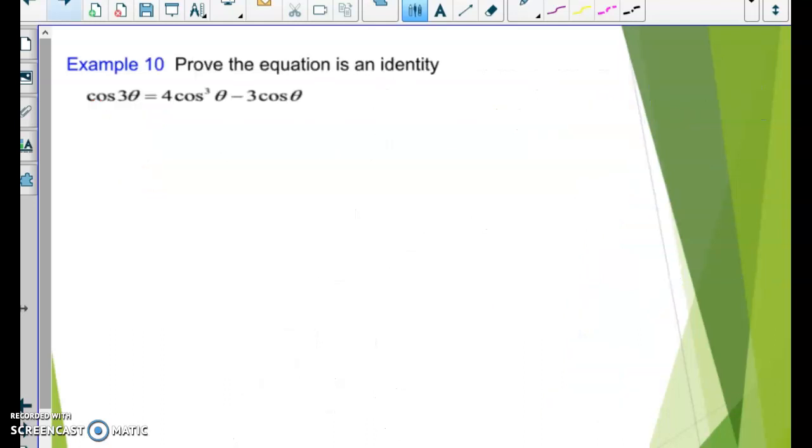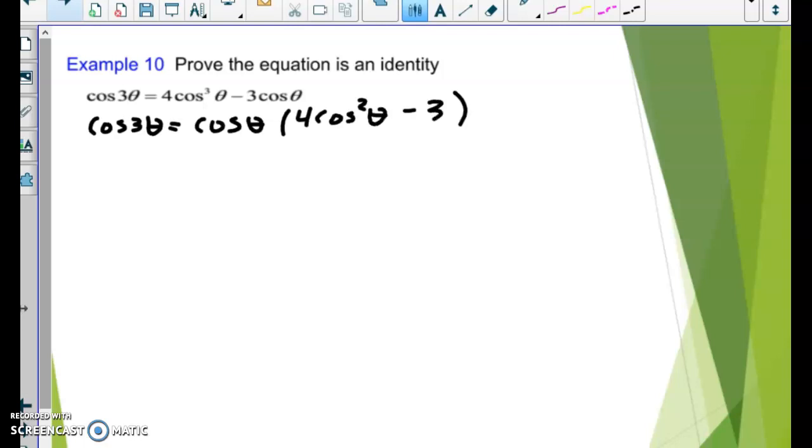Let's take a look at this one and see if we can simplify it out a little bit. We're going to prove the identity, and we know that the cosine of 3 theta. Now, I notice that there is a cosine of theta in both of the terms, so I'm going to factor that out into 4 cosine squared theta minus 3.